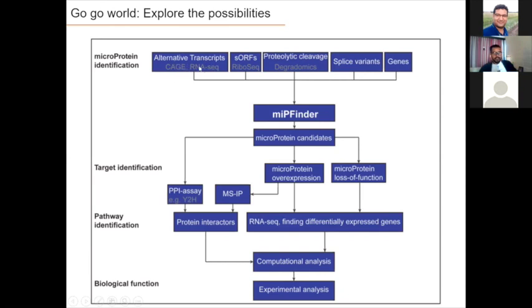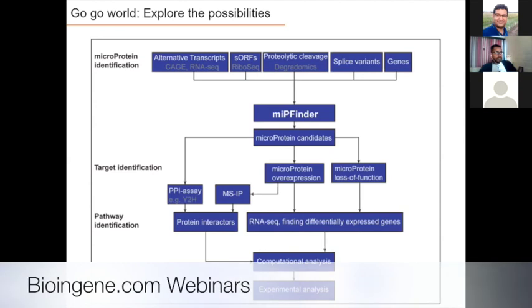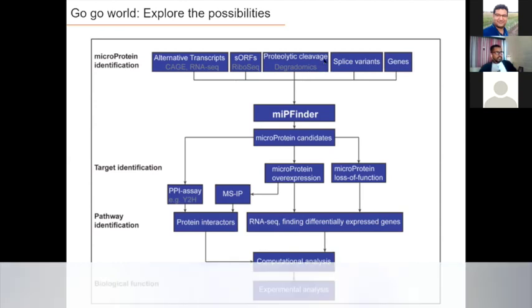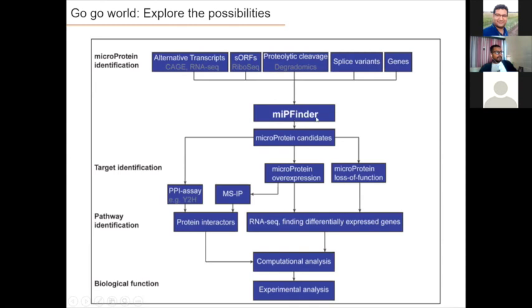Alternative transcription is not limited to splicing, but also includes polyadenylation or early stop codons. Small ORFs, how to identify these things. Then we have two different versions of MIPFinder. The modified one, recently published in G3, is MIPFinder 2, openly accessible. Everyone should go and try that on a genome of interest, not only on plants, but also on yeast or any living organism which has been sequenced, or for which you have the proteome information.